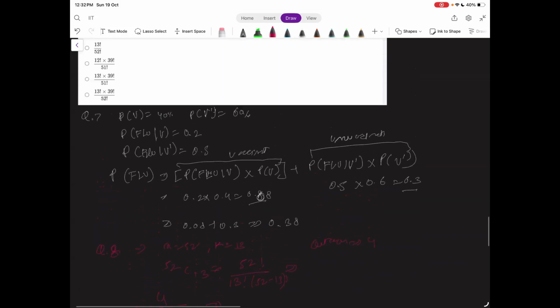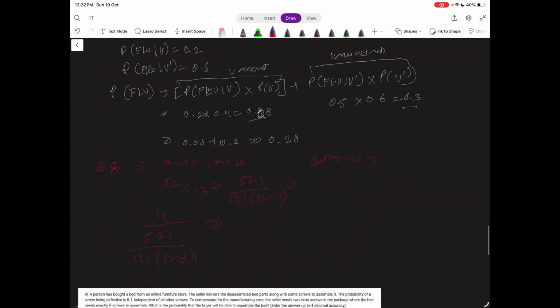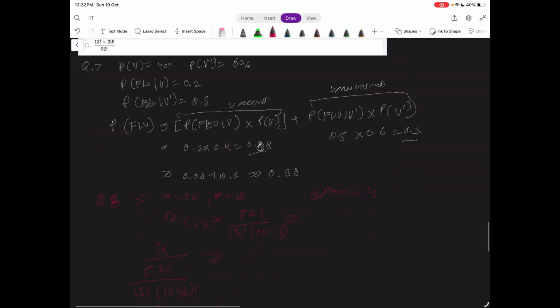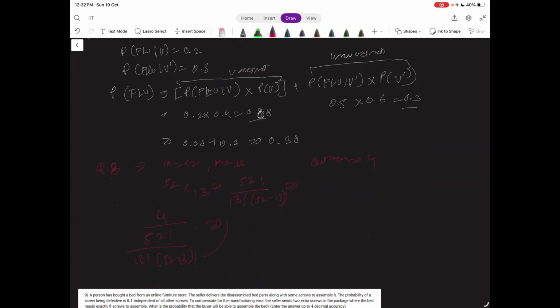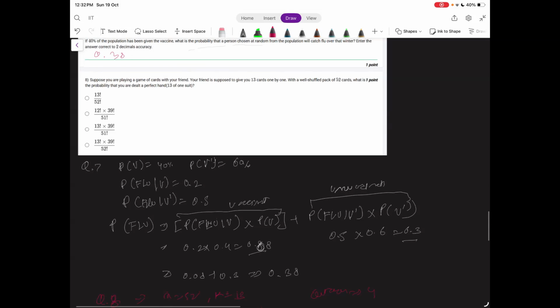So what's the option that we have? Well, if you solve this, 13 factorial will go up and 4 will come down. So only the third or fourth option can be correct. And in this case, if you solve, you get the final answer as 12 factorial times 39 factorial over 51 factorial.